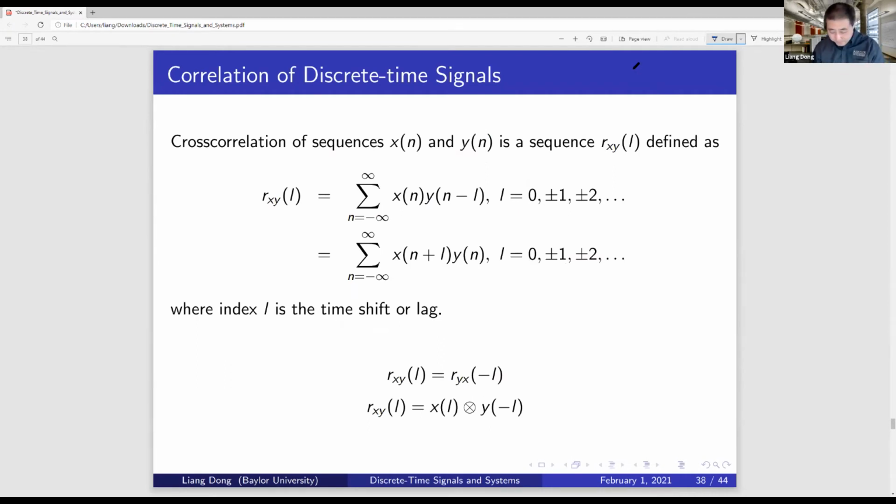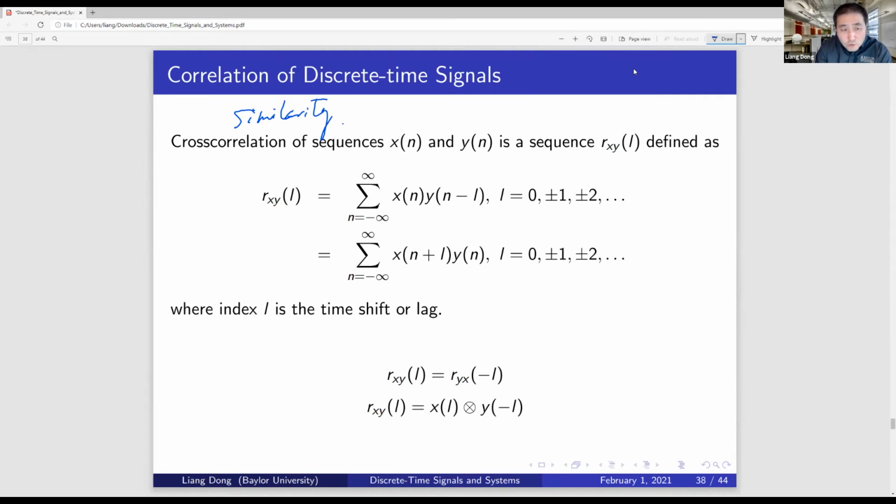Okay, so the last portion of this chapter is on correlation, correlation of discrete time signals. We have cross-correlation and autocorrelation. Correlation is trying to find the similarities between two signals, x and y.